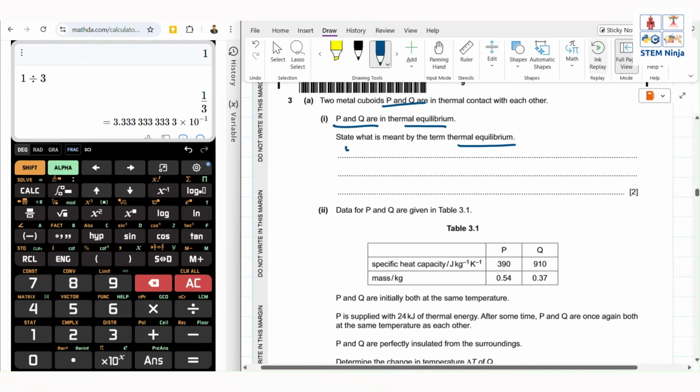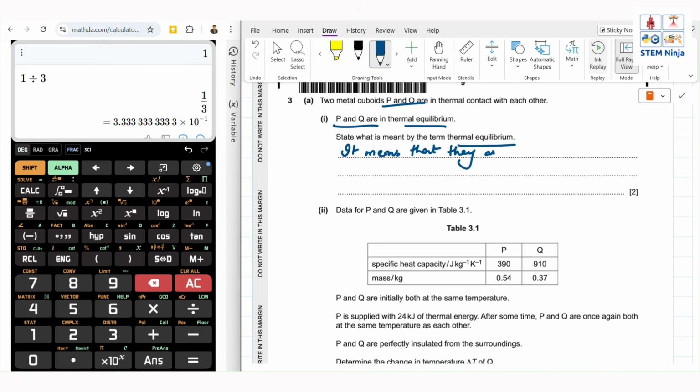So we are going to state that it means that they are at the same temperature and there is no net transfer of heat. You can say heat or you can say thermal energy. Either way, it's fine.